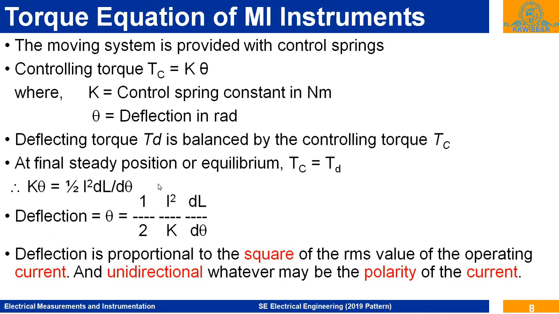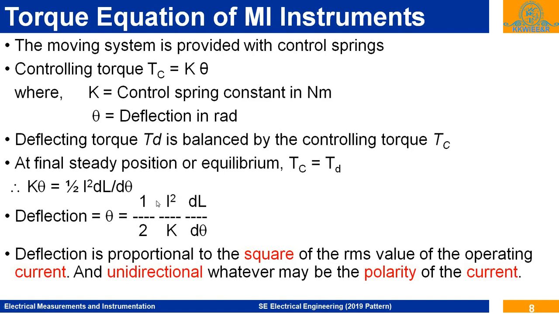From this equation, 1/2 is a constant, k is the constant of the control spring in Newton meter, and for the time being we assume dl by d theta is also constant. So deflection is proportional to the square of the RMS value of the operating current. Theta is proportional to I square.